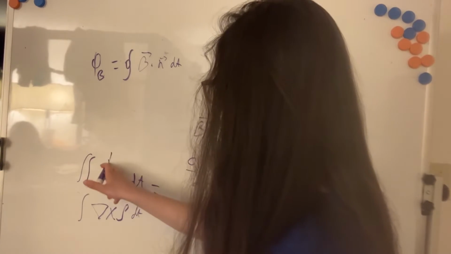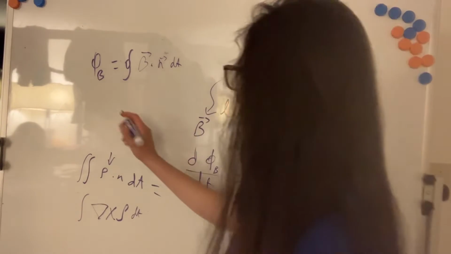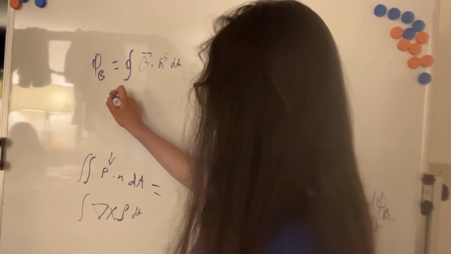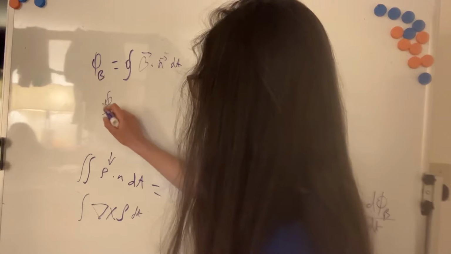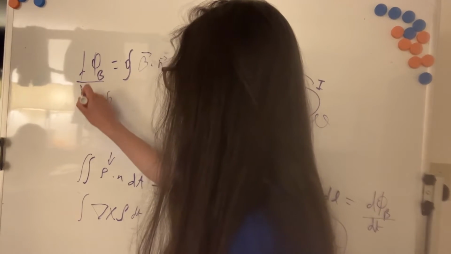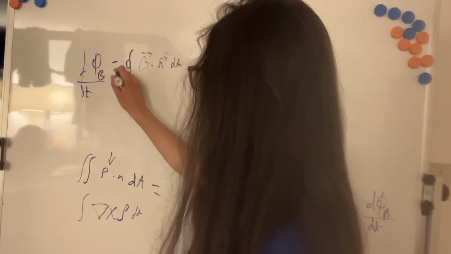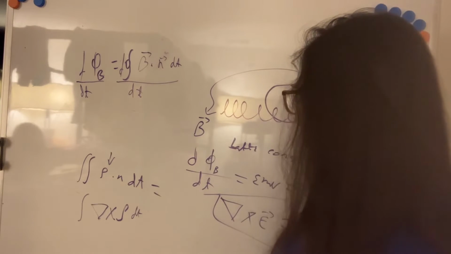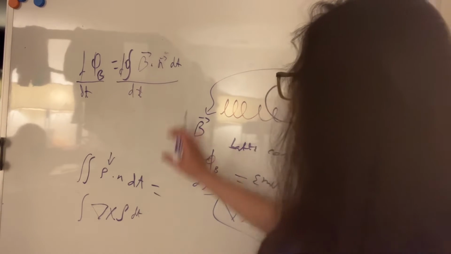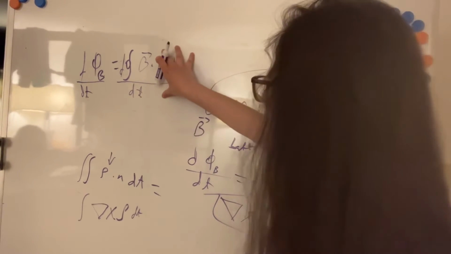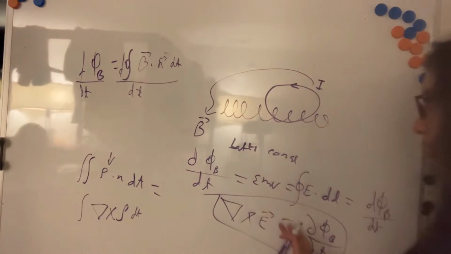This is our vector, and so if we take the change in magnetic flux, it is the derivative with respect to time. So anyway, we have that the change in the magnetic flux is equal to the electromotive force.